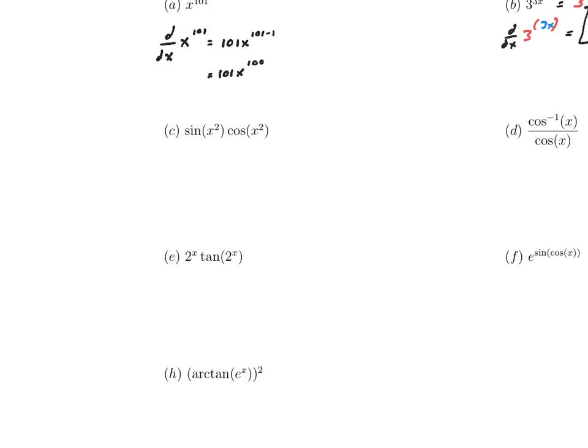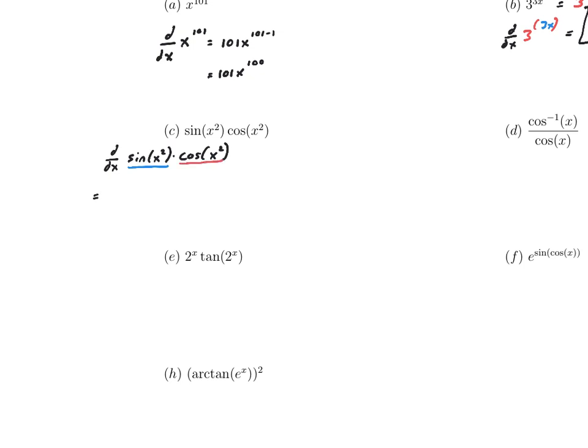We're going to use the product rule. So we have the derivative of this, we're going to have sine of x squared times cosine of x squared. So we have a product rule, we have the first and the second.